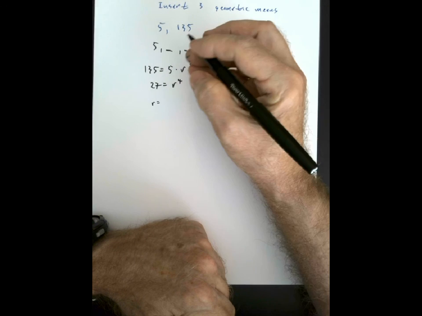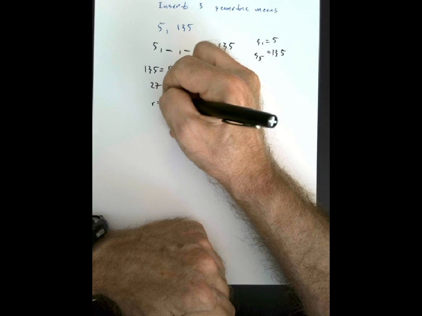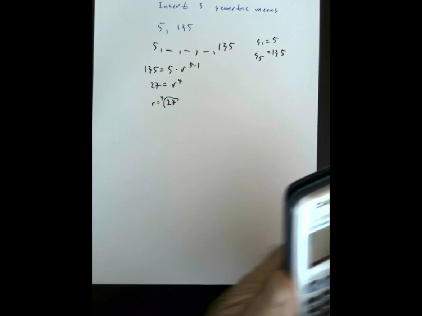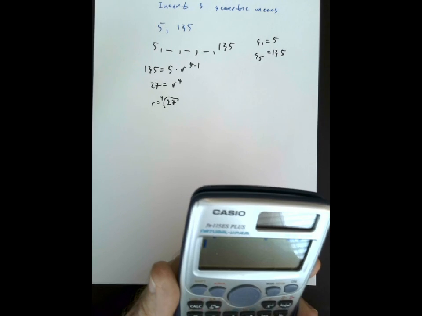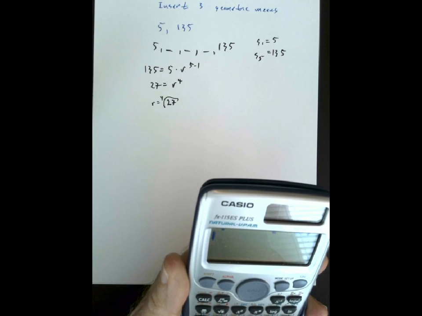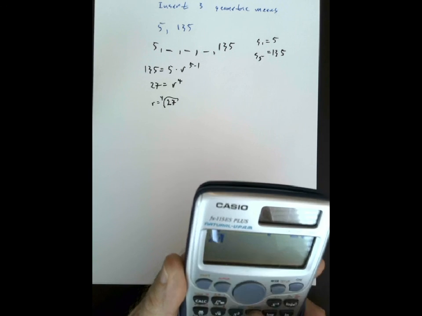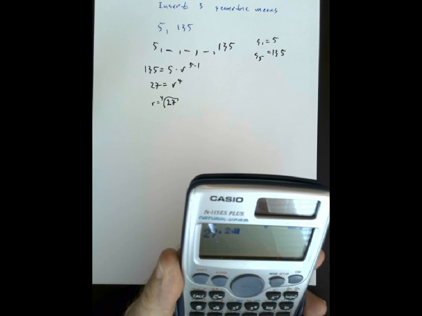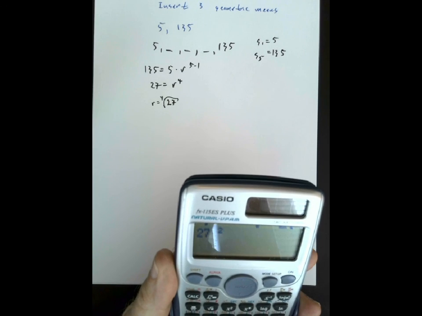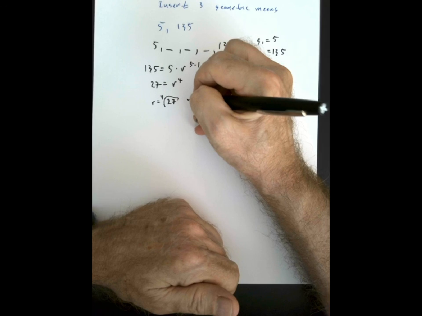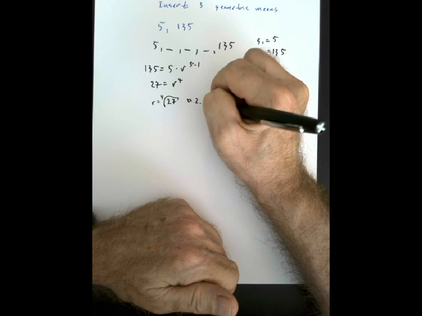So now r is equal to the 4th root of 27. Now we'll take it easy on ourselves here. 27 fourth root is about 2.28. So we'll write this as a decimal, right?